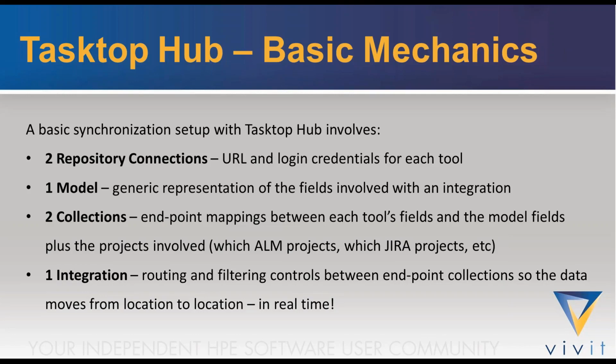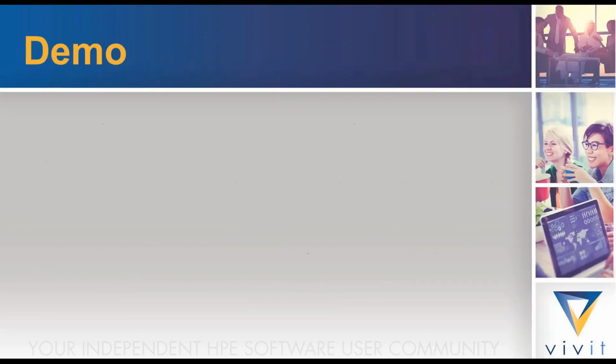You can say route from this project to this project under these conditions or based on this field setting, filtering as well. Maybe you don't want all your ALM defects going over to Jira. Maybe you just want certain ones or only at a certain time, maybe at a certain status. You can set up the filtering, and that's how the integration then facilitates all of that moving of the data.